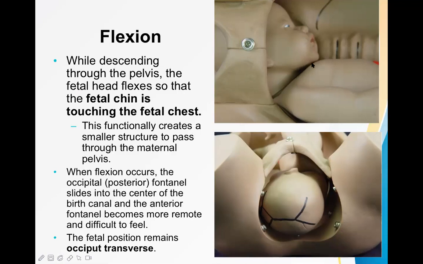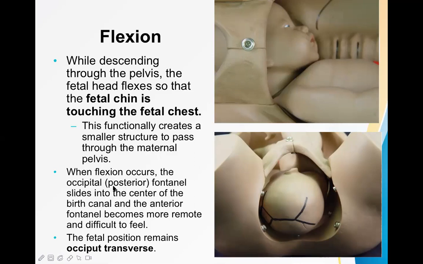Now, one question should come to your mind: why is this type of flexion occurring? Why not? The head is delivered, or the mechanism continues through the extension route. Because the smaller structure of the fetal skull has to pass through the maternal pelvis, and this is achieved by flexion of the neck.